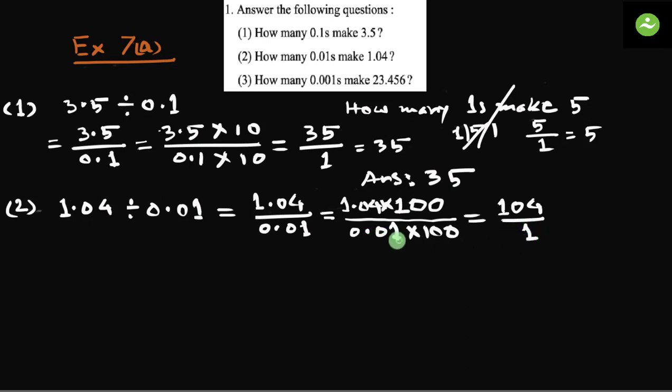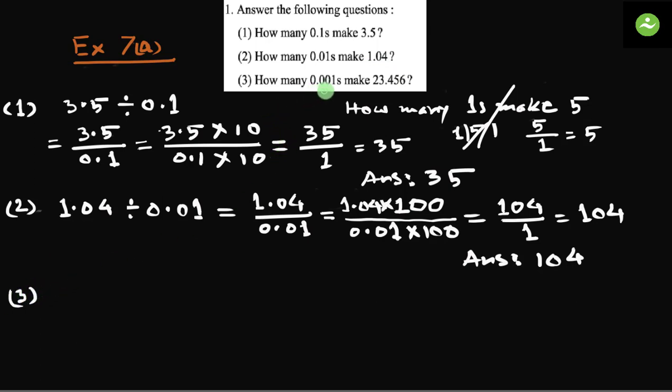The decimal is gone. So the answer is 104. So how many 0.01s make 1.04? 104 0.01s make 1.04.